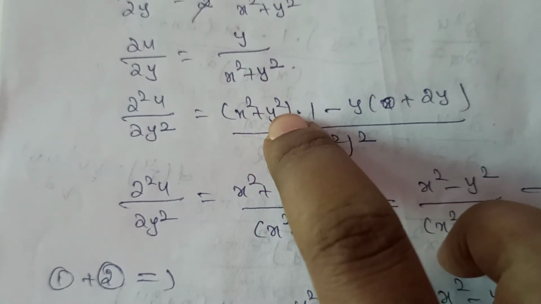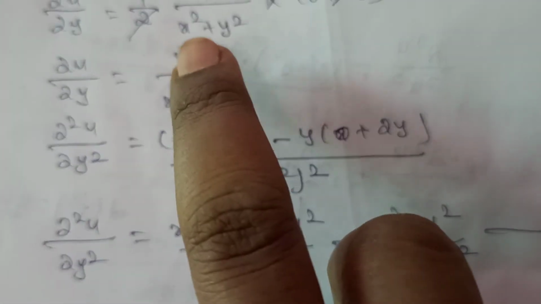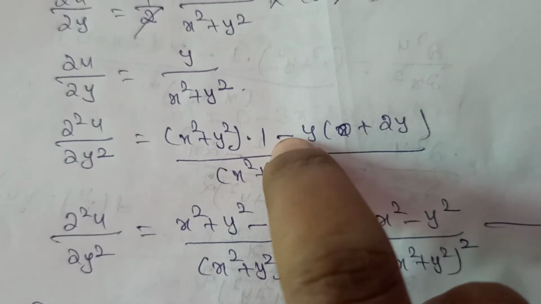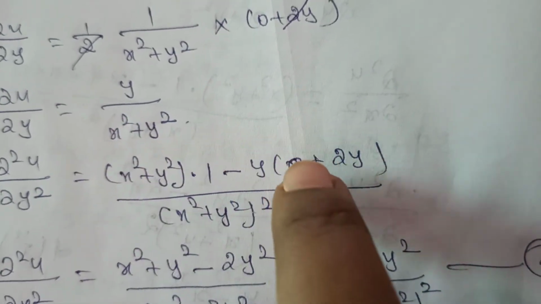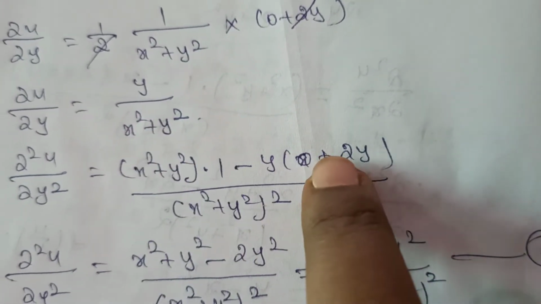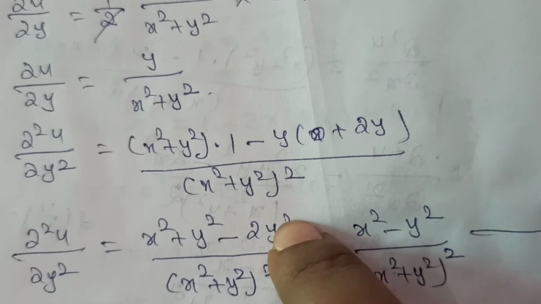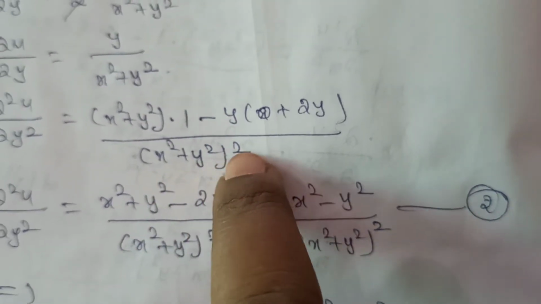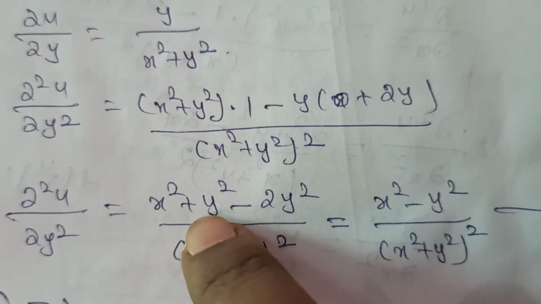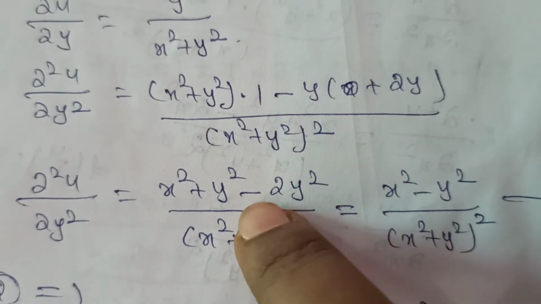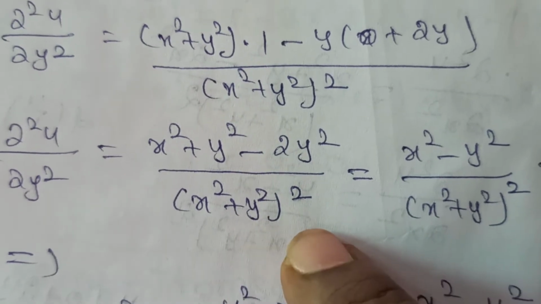So using the formula (v u dash minus u v dash) divided by v square, that is x square plus y square into the differentiation of u, which is 1, minus y into the differentiation of the denominator: x square is a constant, so that is 0, plus the differentiation of y square, which is 2y, and the whole divided by x square plus y square the whole square.